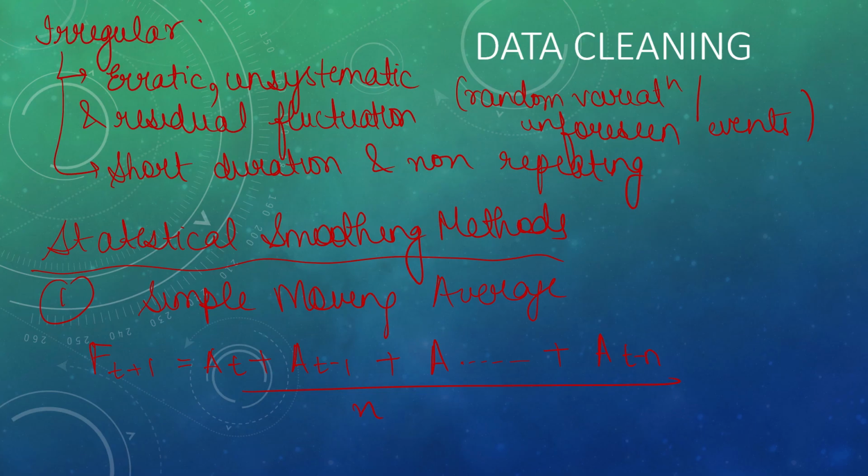If suppose you want a 3-month simple moving average, so you'll write a of Jan plus a of Feb plus a of March upon 3. Now we can have 5-month, 3-month. So depending on that, the n value will change.